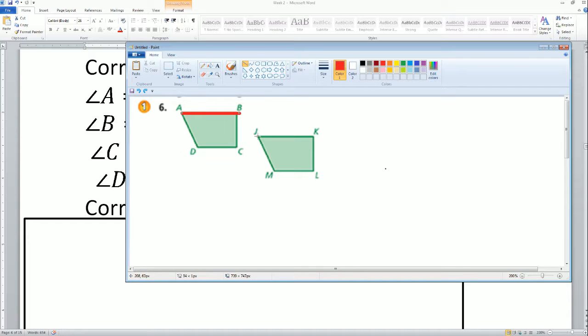A to B. So that is line AB, the same thing as line JK. Let's make that blue. BC is the same thing as KL.